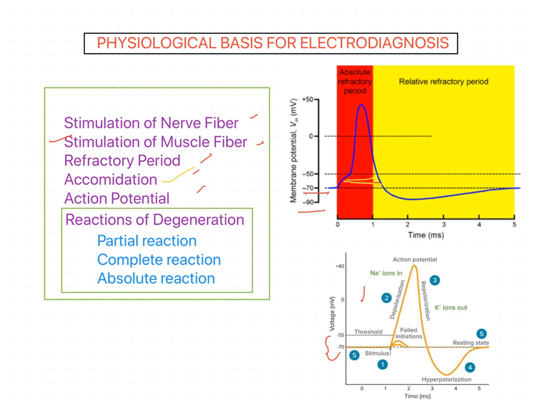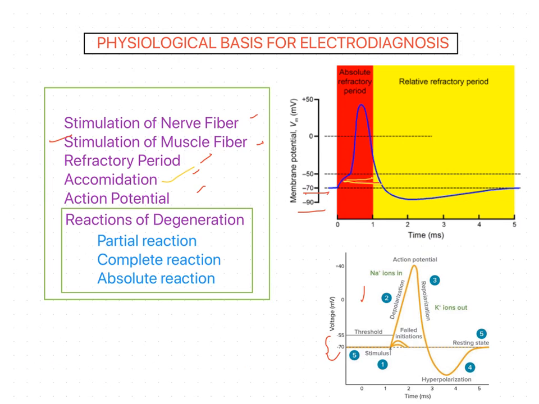If a muscle has denervated, it has lost most of its power of accommodation, and the long duration pulses that rise gradually will be able to produce a brisk contraction. Okay, this is about the accommodation.